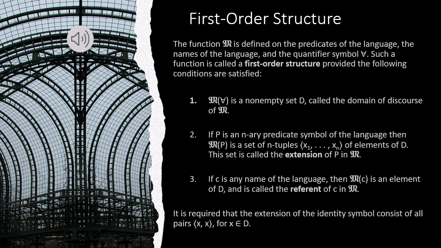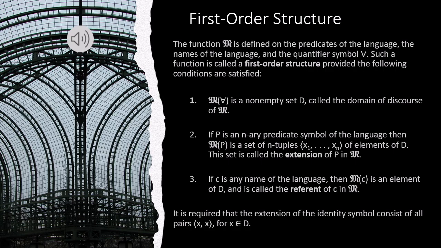In this case, that's an M. And the font that you're looking at is a Fraktur font. And it's typical in logic to use Fraktur letters to represent first-order structures. So that is an M, and you'll hear me reference it as an M for the remainder of the video.